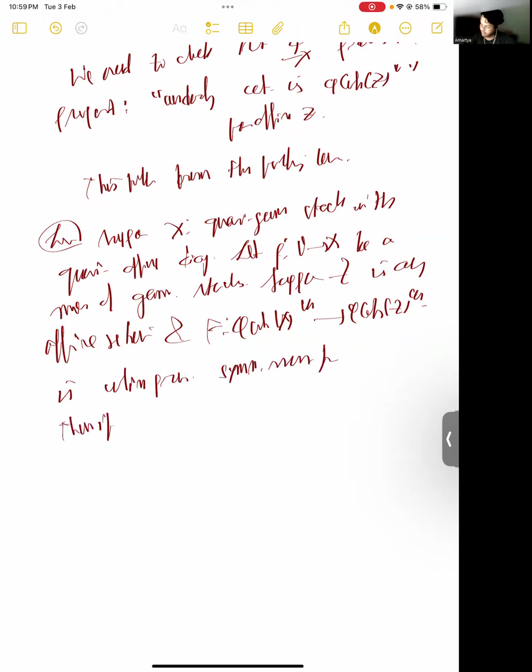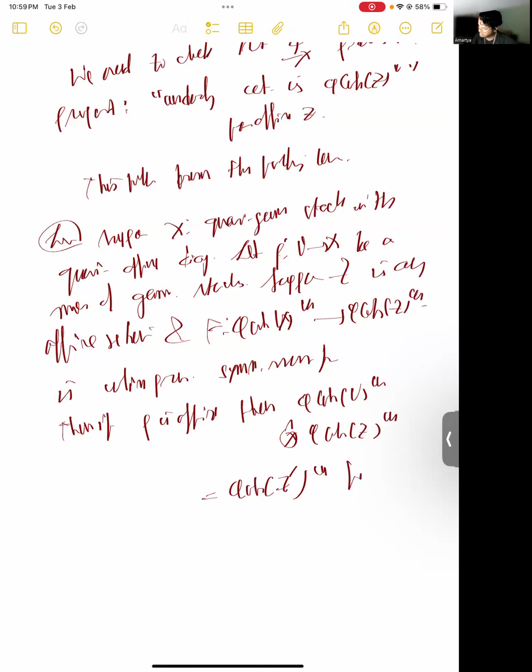Then if P is affine, then Q-coh U CN relative tensor ZCN is Q-coh Z prime CN for some affine Z prime.